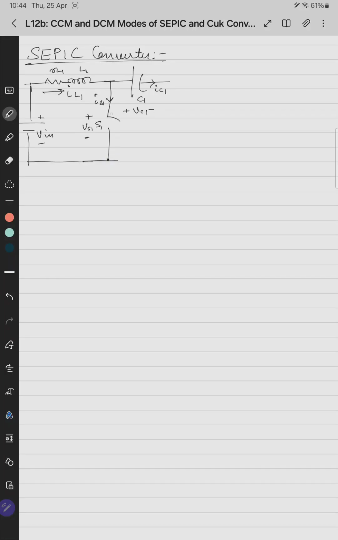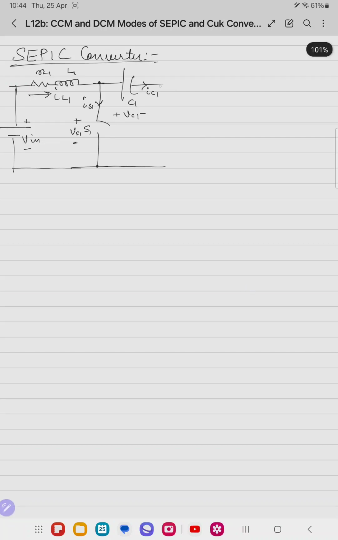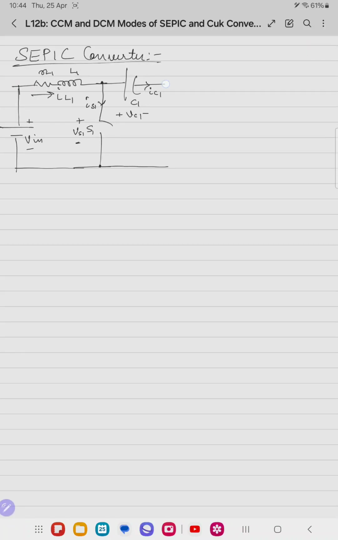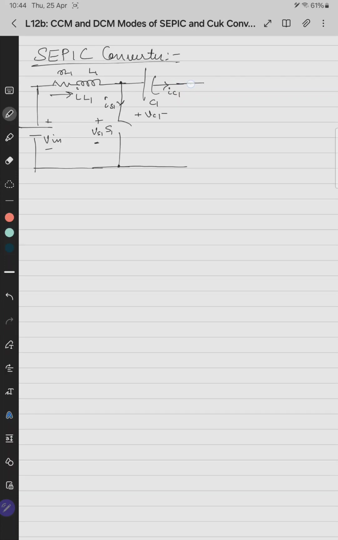After this we have a second inductor in the middle leg, L2, with RL2, carrying current IL2.